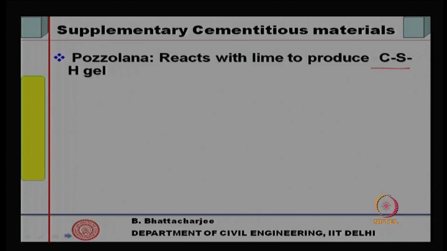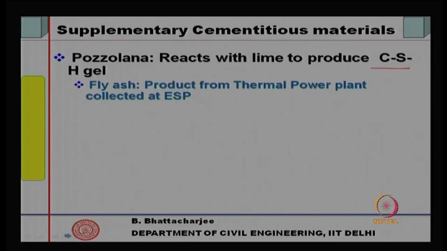There are many natural pozzolanas, but there are certain other industrial products. I will not call it waste nor byproduct; for a student of concrete technology it is not a waste product, but a thermal power plant would of course treat this material as a waste.